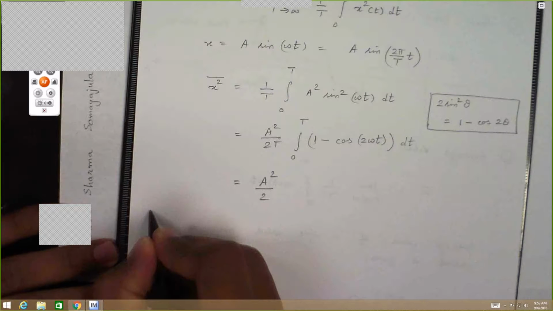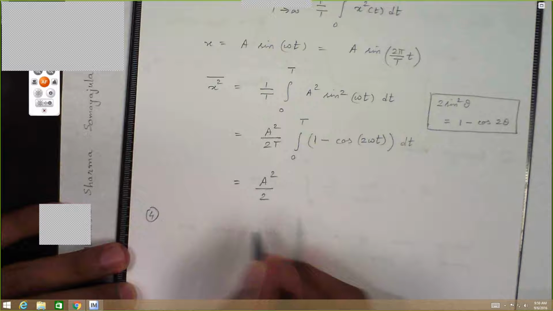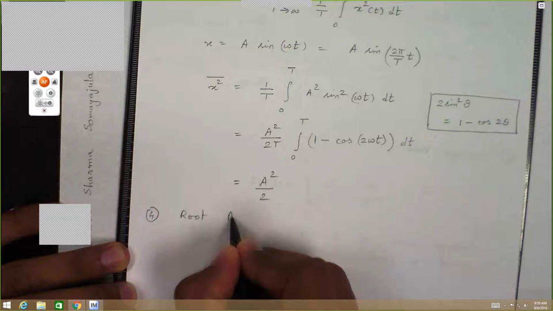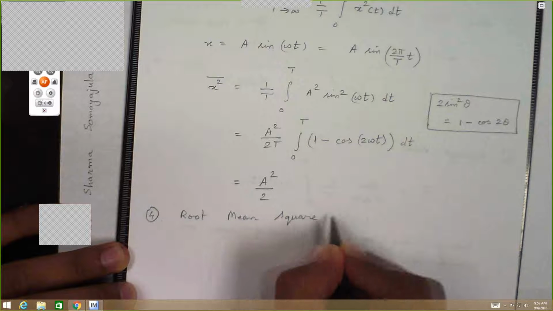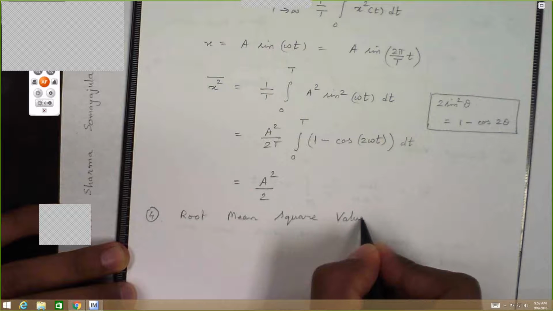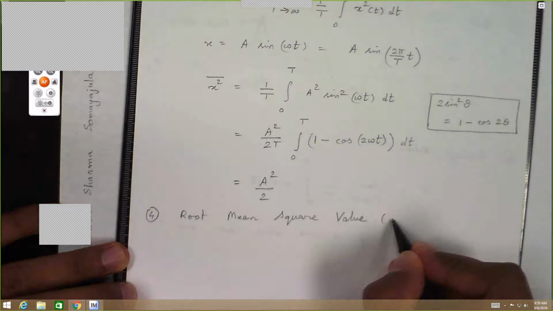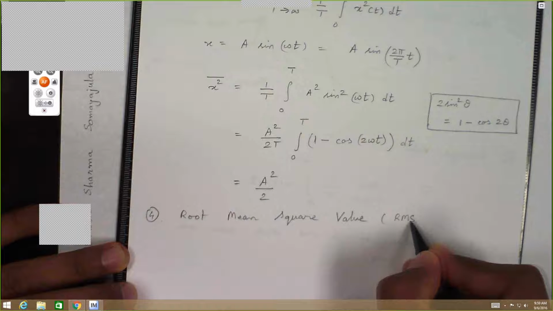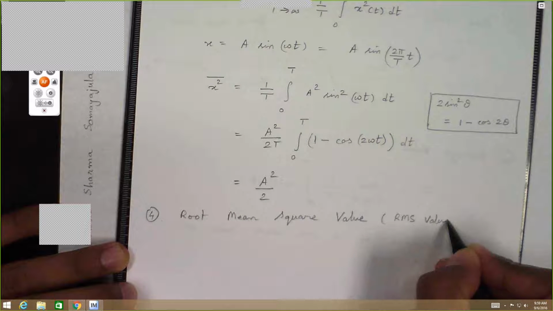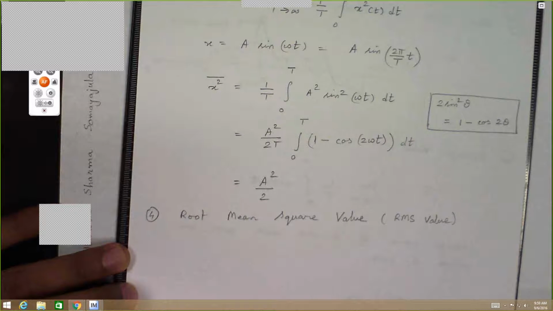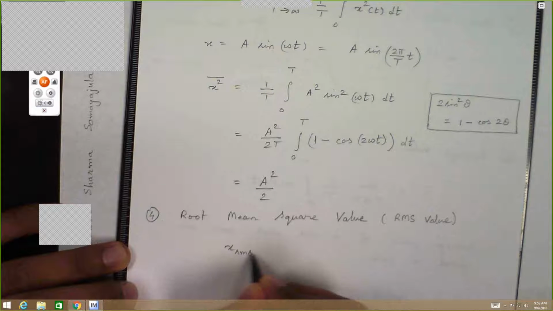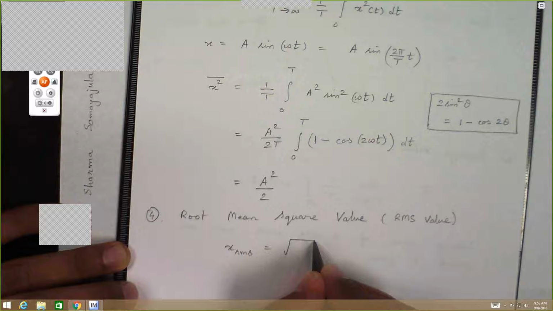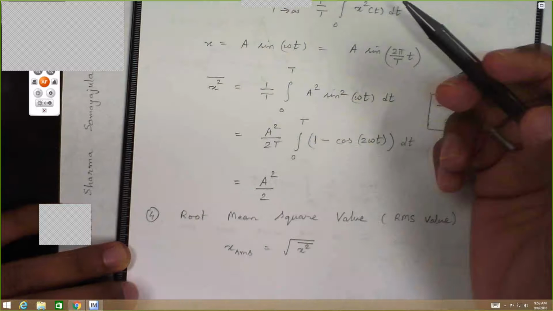And the fourth thing which we are looking to look at is called the root mean square value, or in other terms, it is also known as RMS value. So x RMS is nothing but square root of x square bar. So we found the mean square value.